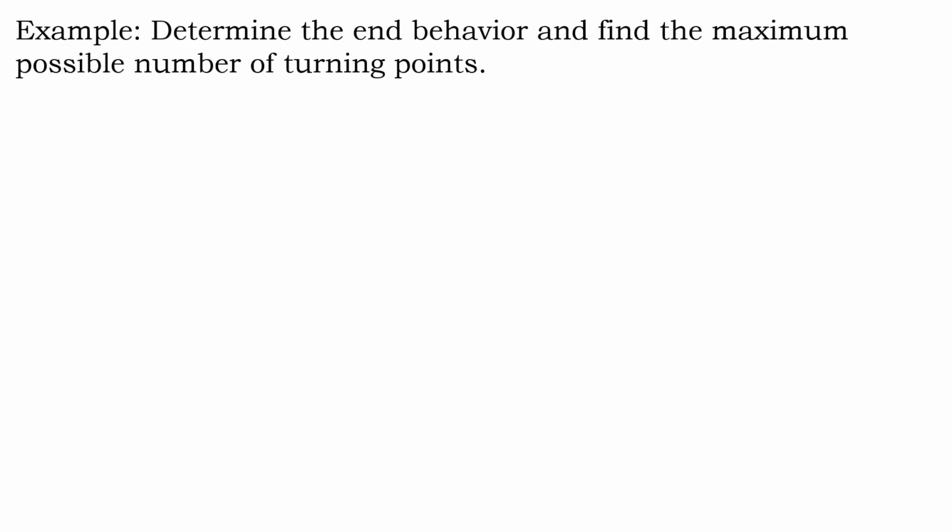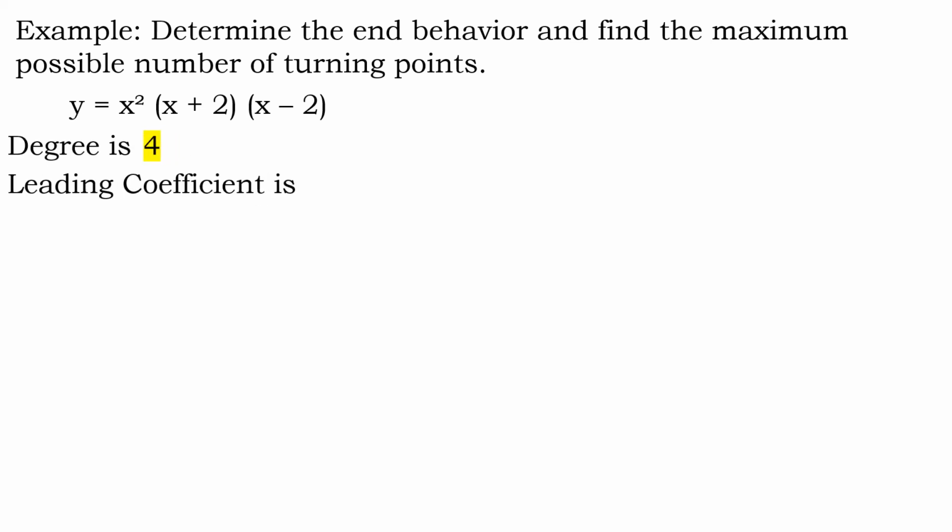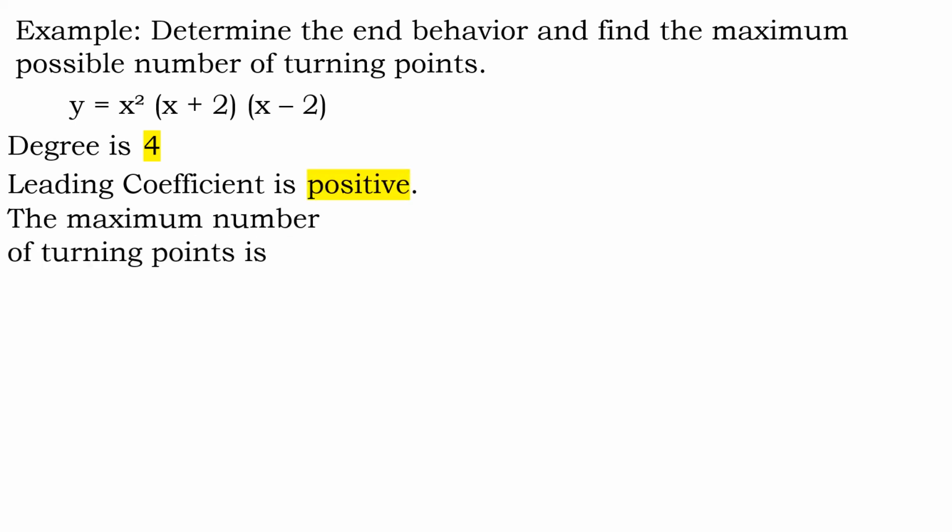Example, determine the end behavior and find the maximum possible number of turning points. y equals x squared times x plus 2 times x minus 2. Ilan ang degree niya? The degree is 4. And the leading coefficient is positive.